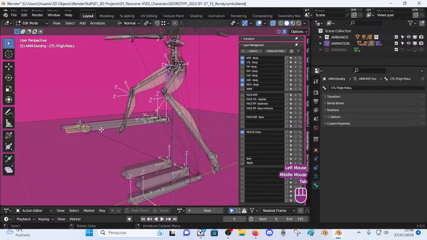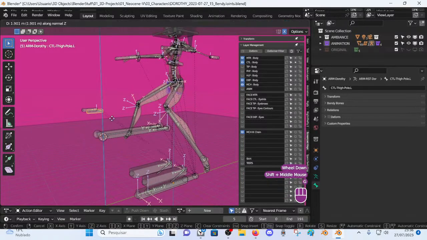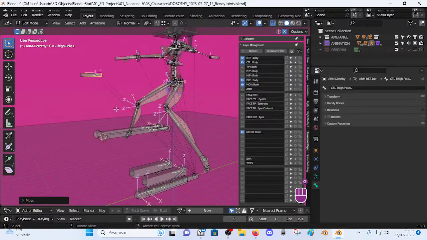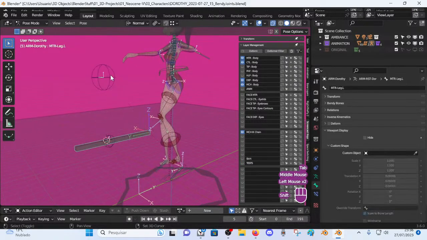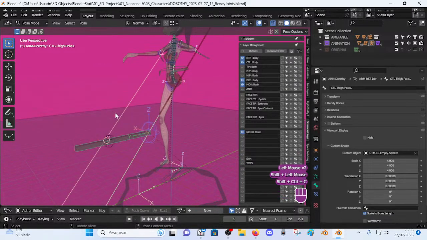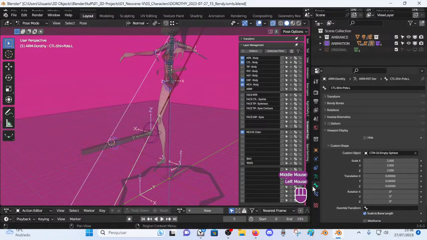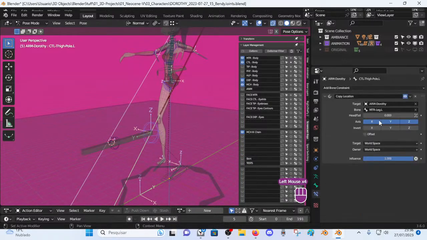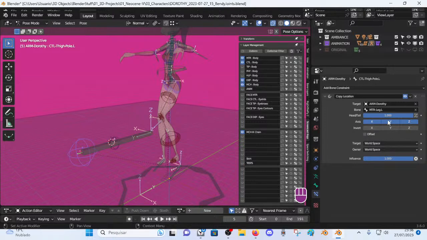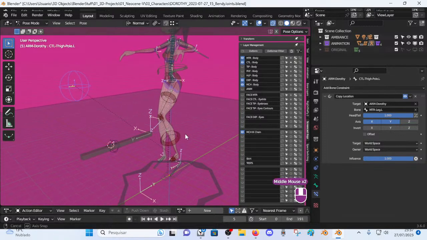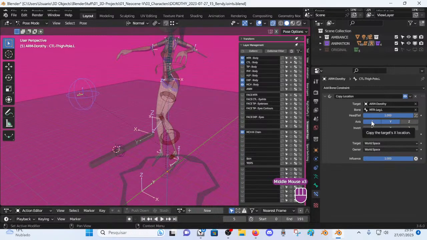So what we're going to do is that the starting position will be somewhere like here, and then it will receive a copy location, but this copy location of course will be adapted with regard to the tail this far, okay, and I don't want the world space, well, here I'm not sure, but I don't want the z-axis to be copied.